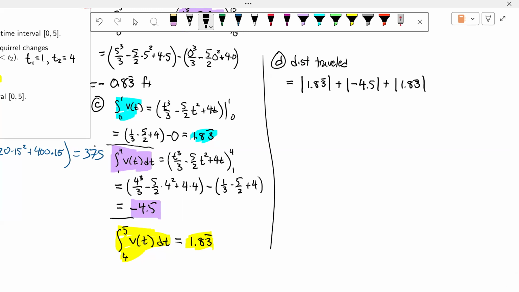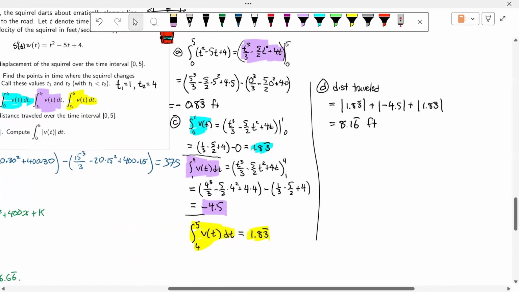We're basically taking the absolute value of all those integrals and just adding them up. And that will give us a sense of how much pavement this squirrel covered in those 5 seconds. It turned out that the squirrel had a pretty good hustle, got 8.16 repeating feet. So that's the idea there. Any questions on this concept on how we compute distance traveled?